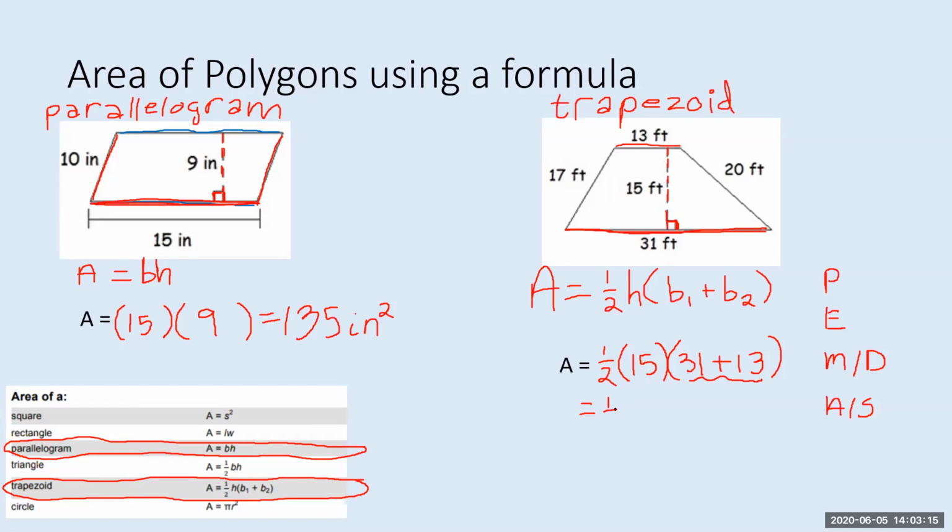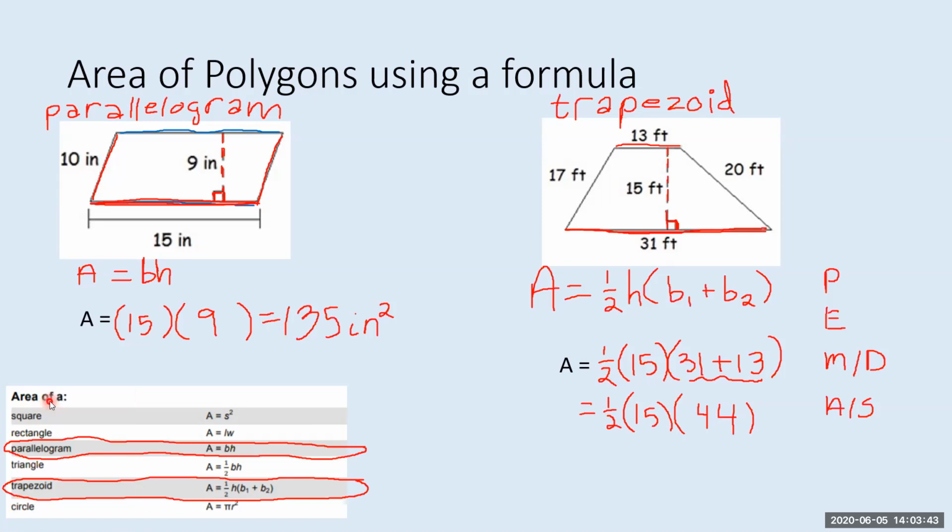So I'm going to just bring everything else down, keep it all the same. 1/2 times 15. And then I'm going to actually do that addition. So 31 plus 13 is equal to 44. Okay, so now I've taken care of the addition inside of the parentheses.